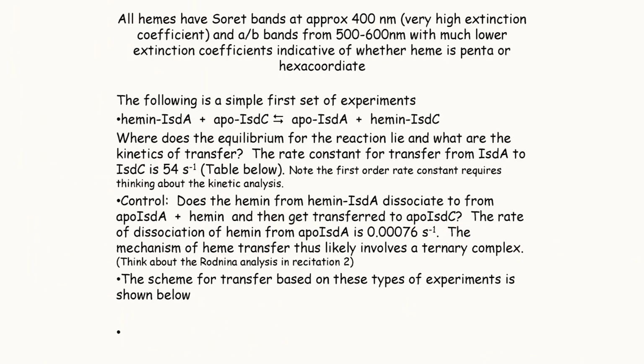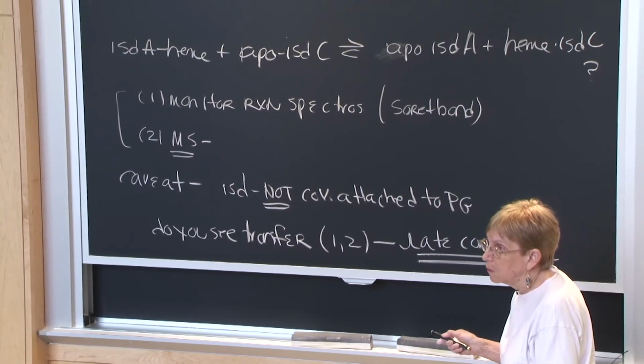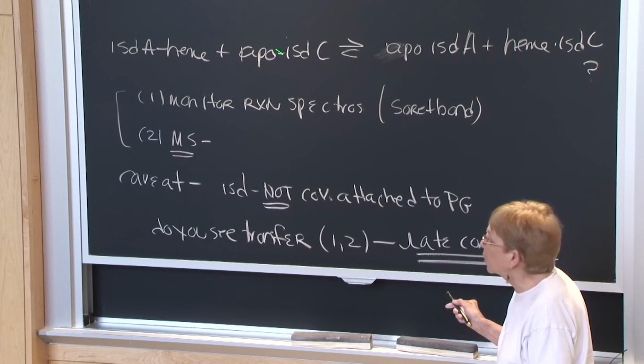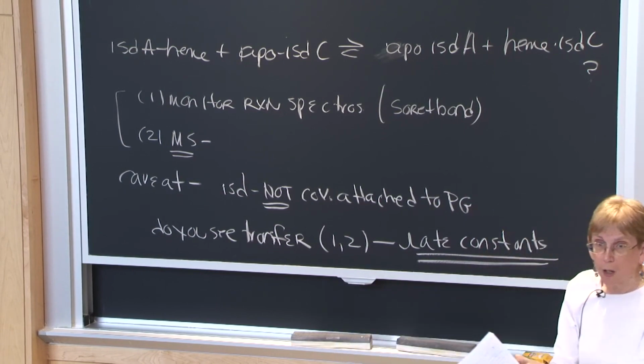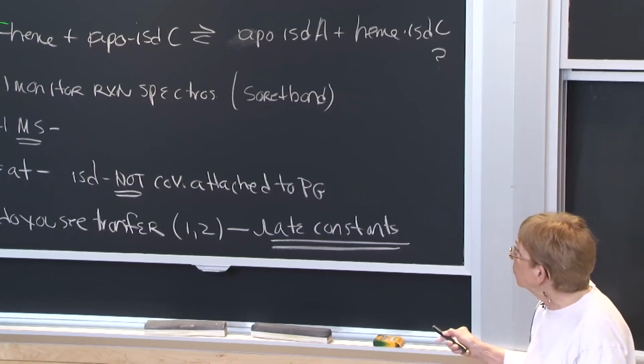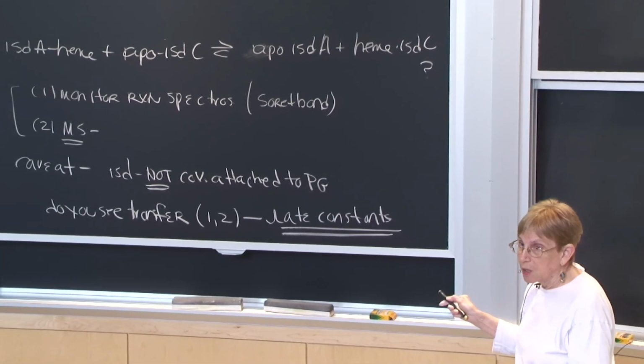And so if you look at this model, you can ask the question, how does this transfer occur? Do you go through a ternary complex? Does this form a complex with this, and then the transfer occurs through the complex? Or does the heme dissociate, and then the heme gets picked up?